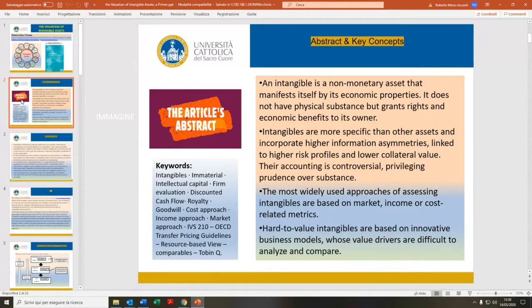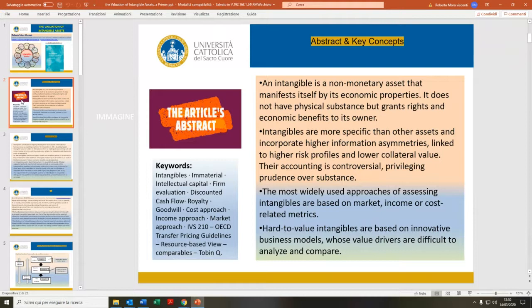We also have to consider that the accounting framework of intangibles is very controversial, and it is going to privilege prudence over substance. As an example, I might record a cost for creating an intangible, research and development to create know-how or a patent.